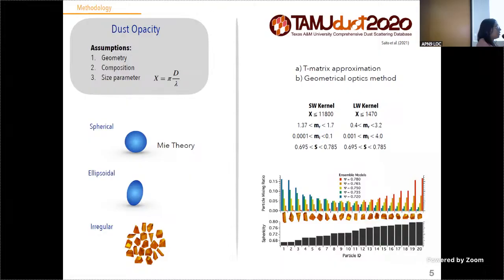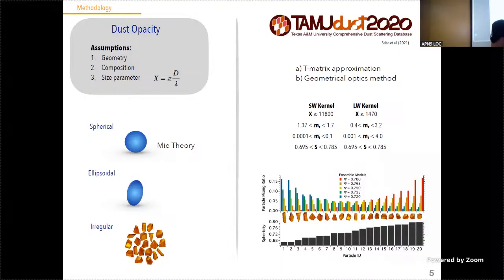And then if we want to introduce realistic particles, we want to use irregular particles. For this reason, we decided to introduce these particles using the Tamodos 2020 database.